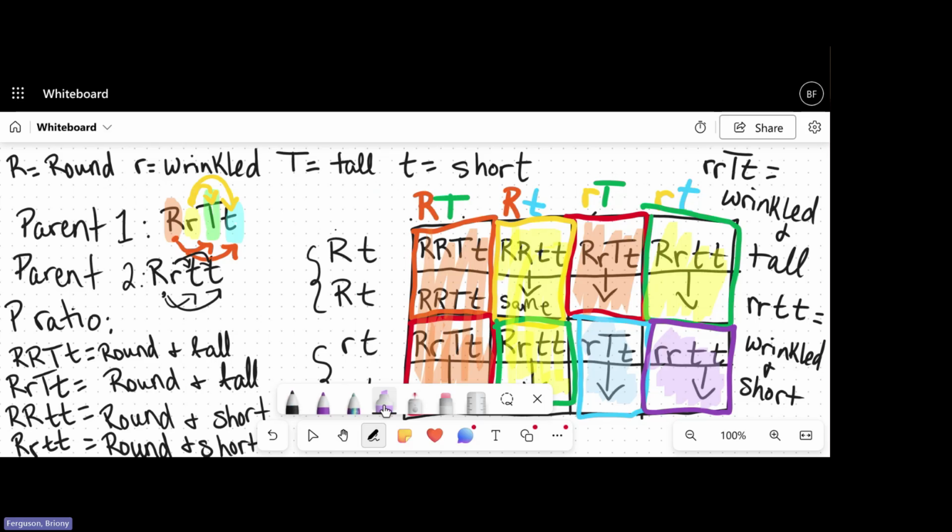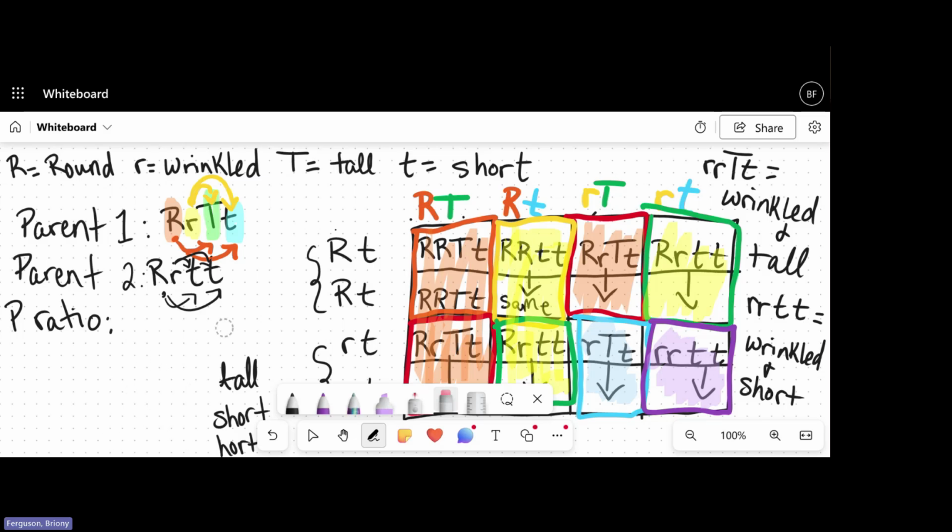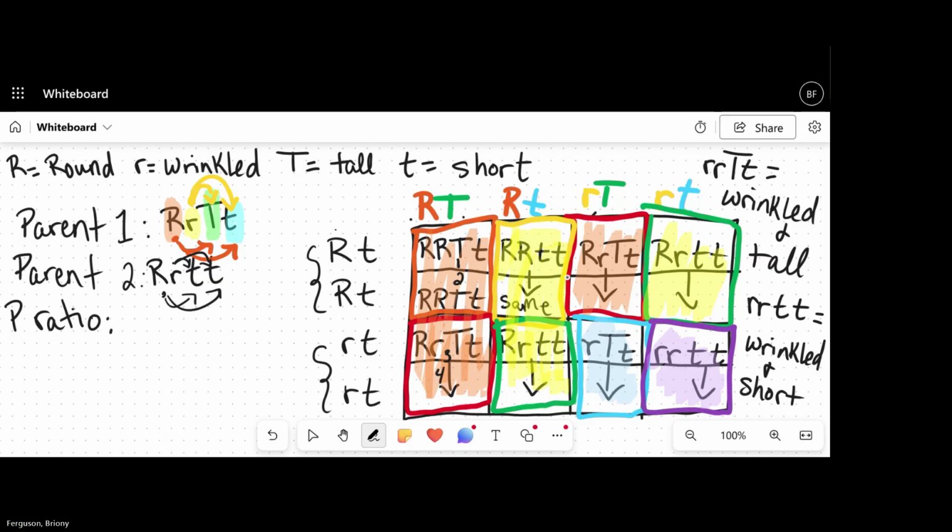So now that we kind of have these lumped together, let me erase some of this for some room. We can actually figure out our P ratio. So we have 1, 2, 3, 4, 5, and 6 of the round and tall.